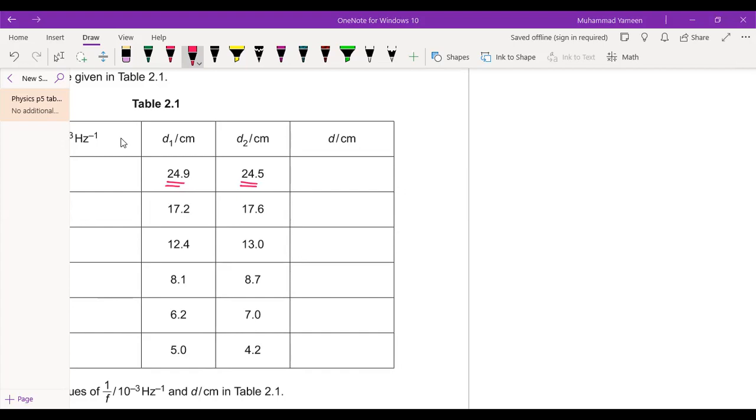That will give you an average value that is 24.7. So the central value is 24.7.